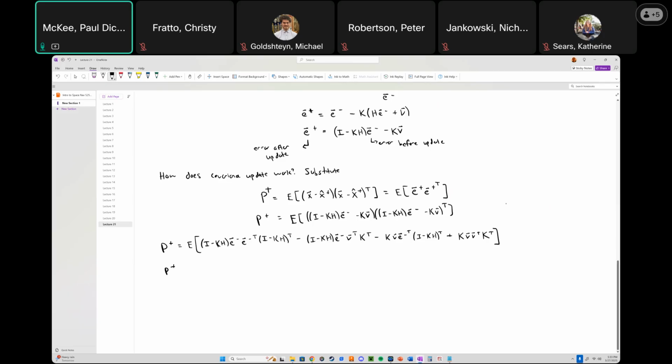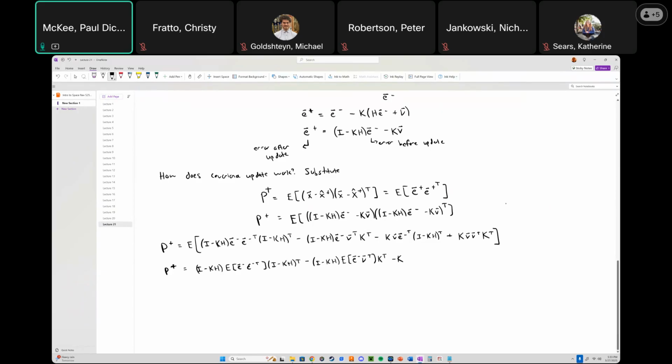So P plus is going to be I minus KH, and then we've got the expected value of E minus E minus transpose, and then we've got I minus KH transpose, minus I minus KH, expected value of E minus nu transpose, and then we have K transpose.